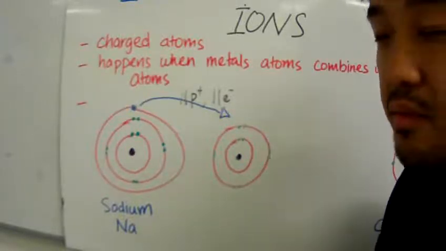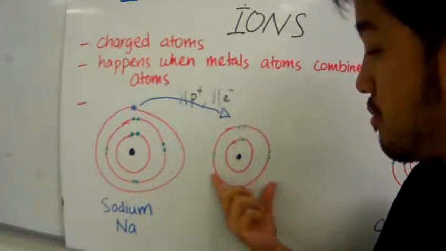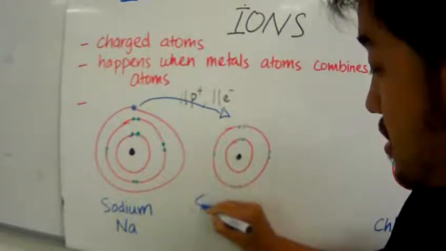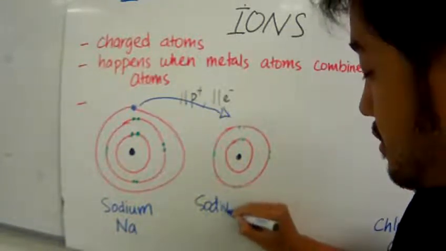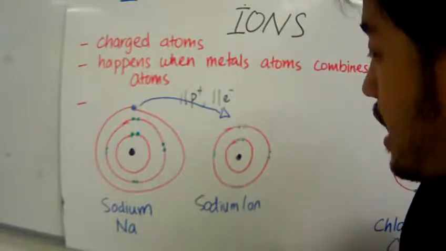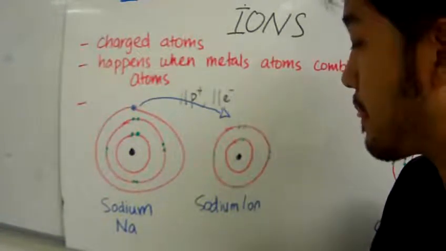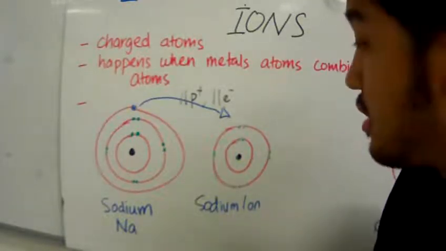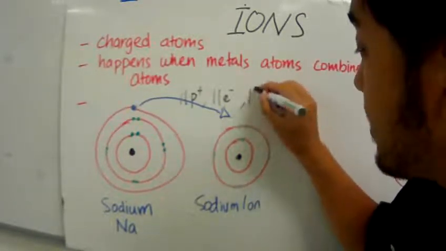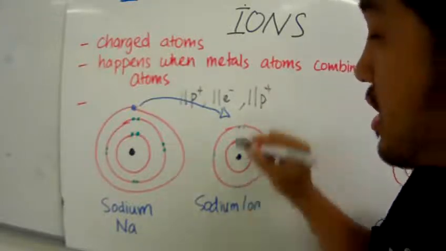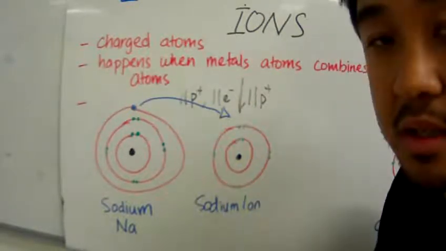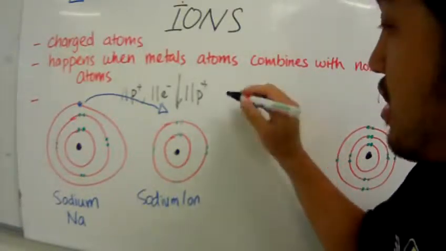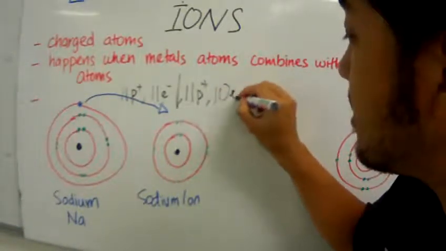So now I have a sodium ion. Okay? When you count the number of protons, it's still going to have 11 because that's what determines the atom. But now when you count the electrons, you're going to have 10 electrons.